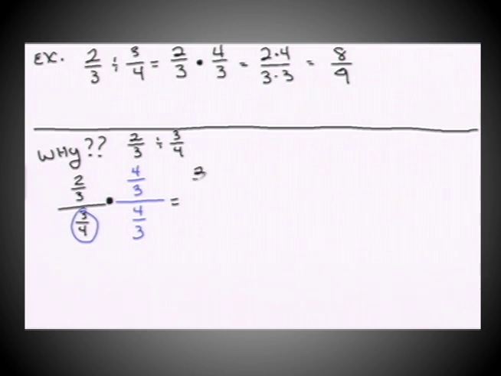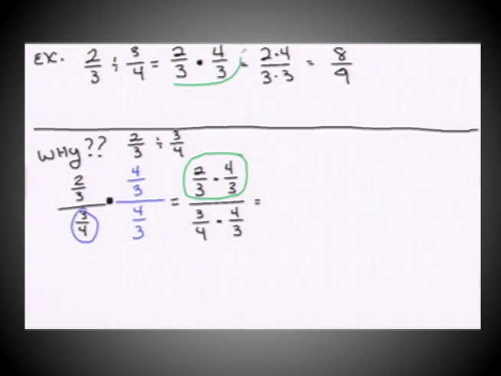So we have 2/3 times the numerator 4/3 divided by 3/4 times that reciprocal 4/3. Now notice in your numerator you now have that situation of multiplying by the reciprocal setup. So it happens naturally as you begin to simplify this compound fraction.